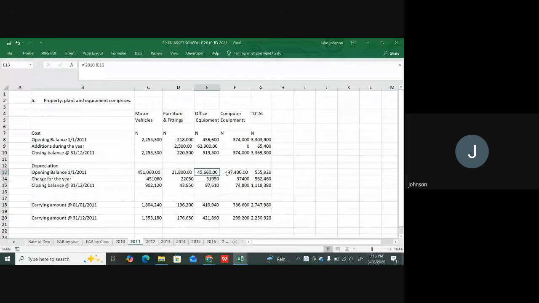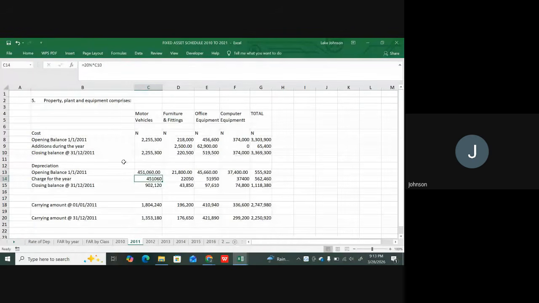Now, the next thing we're going to do is the charge for the year. Remember what I told us? We know that motor vehicle is 20%. We are going to take 20% of our closing balance irrespective of anything.